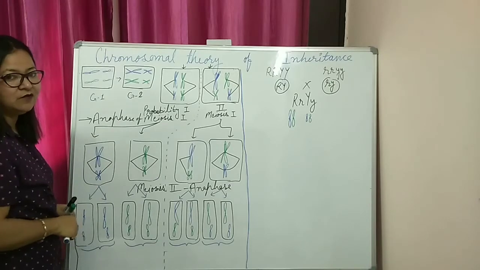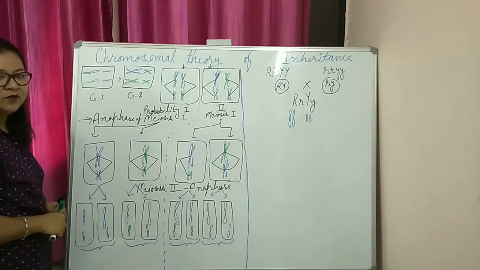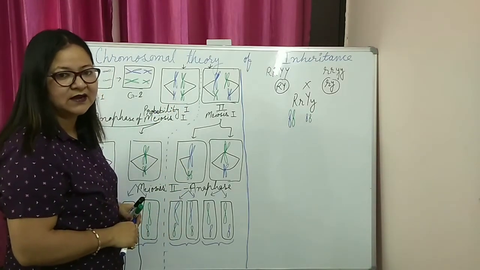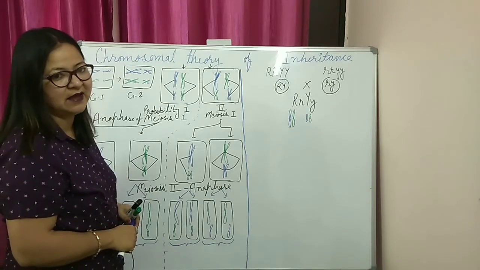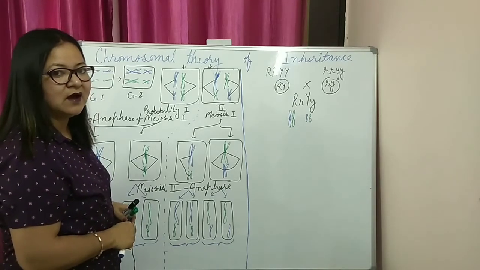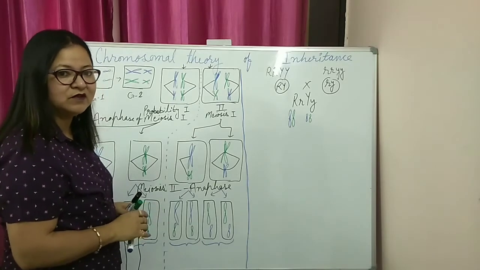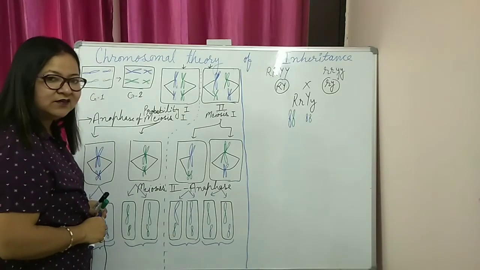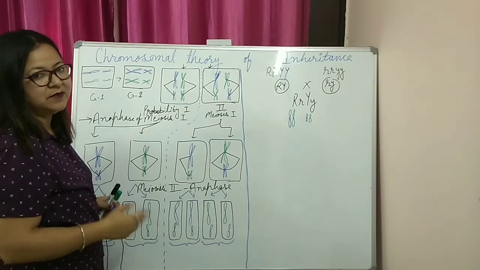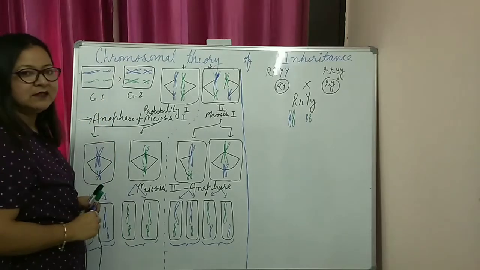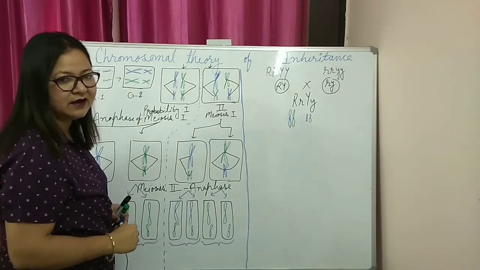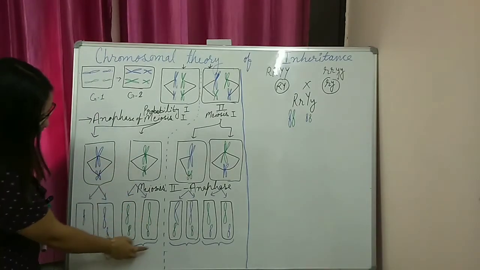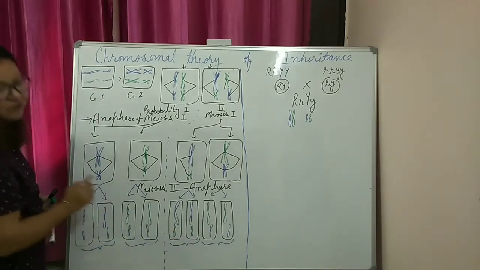This variety of gametes is due to the segregation of chromosomes. So Sutton and Boveri explained that Mendel's statement that there are 2 factors for any character means these 2 factors are 2 different forms of genes present on homologous chromosomes. The factors occur in pairs, and homologous chromosomes also occur in pairs. Mendel explained the segregation of factors at the time of gamete formation, and you can see that segregation of homologous chromosomes results in 4 different types of gametes.